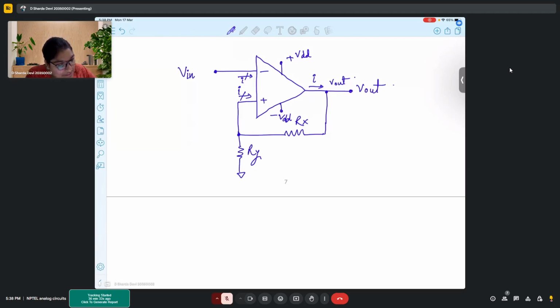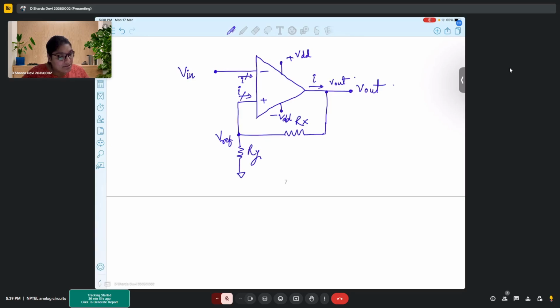So this positive terminal acts as my reference, which is guided by my resistor values and the voltage from the output. So here the reference is drawn from the output potential.